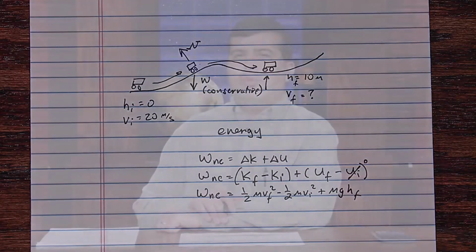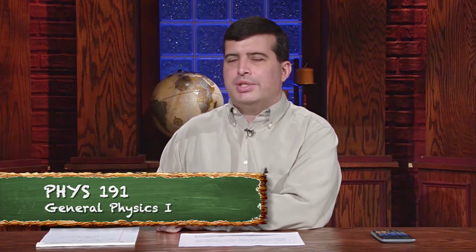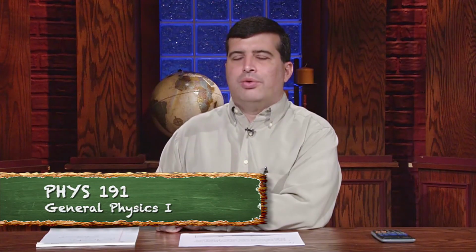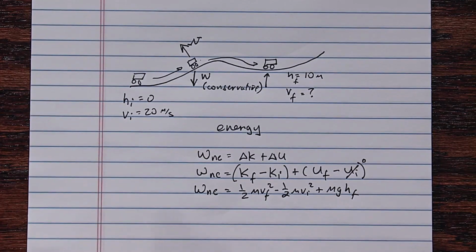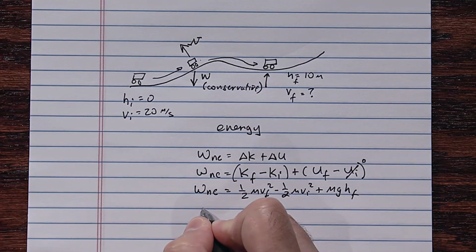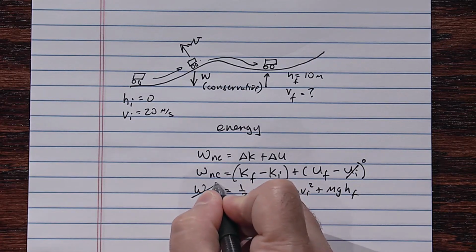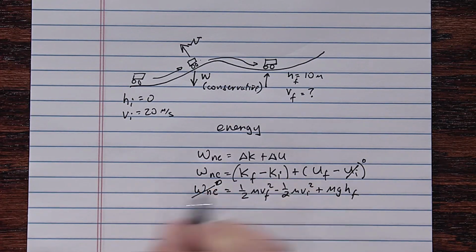So the angle between the normal force and the motion is always 90 degrees. So the normal force doesn't do any work here either. So if we neglect friction, there are no non-conservative forces that do any work. So the work done by non-conservative forces in this case is 0.